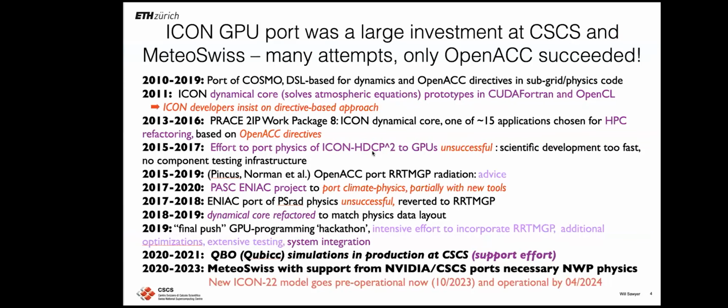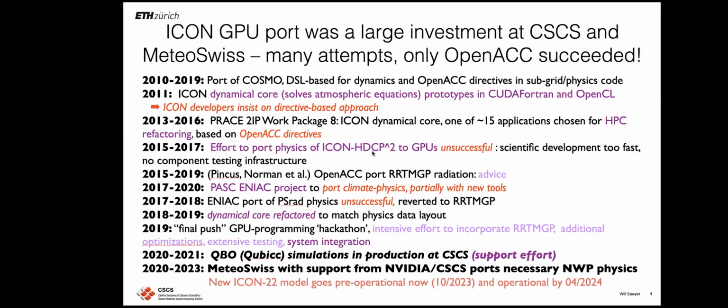So this all led up to by 2020, we were then ready, or our colleagues at Max Planck were then ready to run this implementation of ICON, first at CSCS and then later on the LUMI, not on the Joules booster at Jülich.